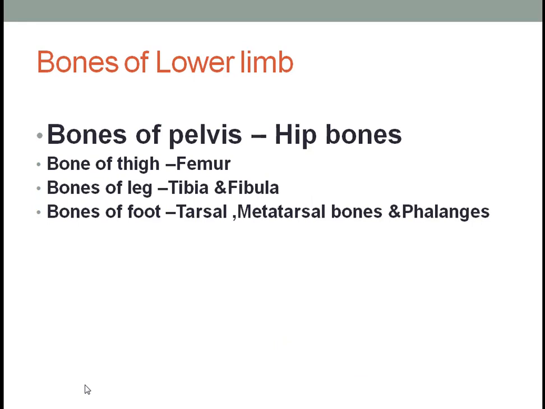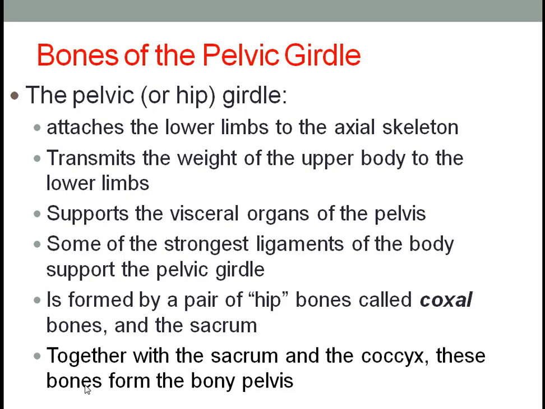So we start with the bones of the pelvis, or the hip bone. The hip bone, or pelvic girdle, is very important because it attaches the lower limb to the axial skeleton.